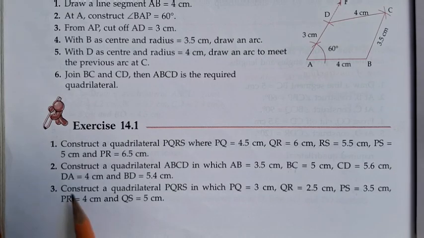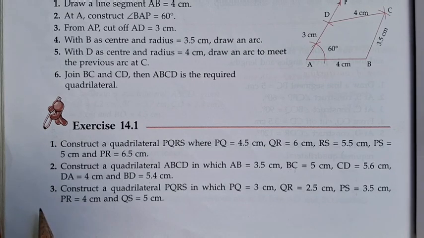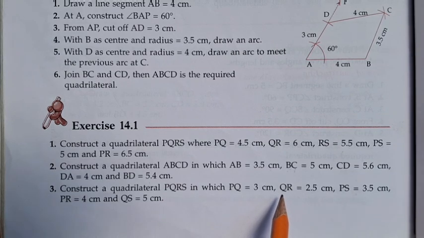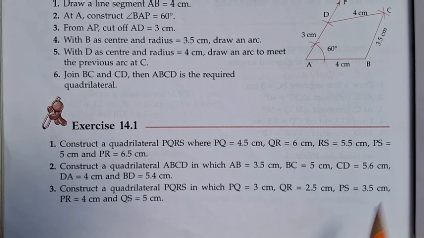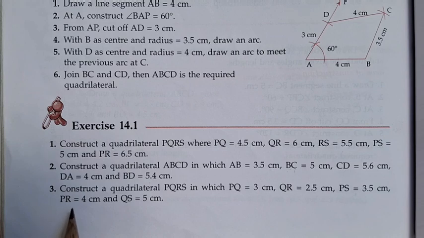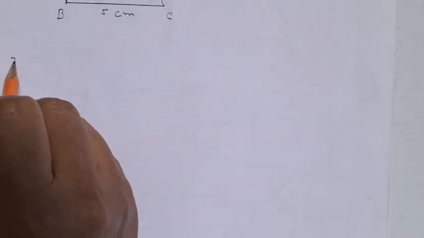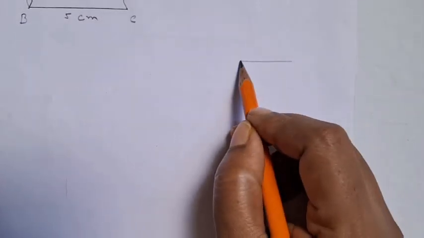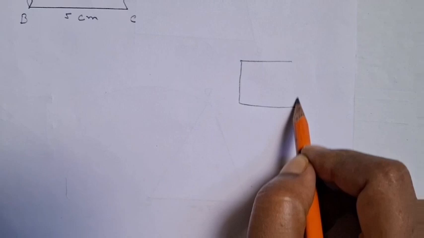And now question number 3. We have to construct a quadrilateral PQRS, in which PQ is 3 cm, QR is 2.5 cm, PS is 3.5 cm, PR is 4 cm and QS is 5 cm. So at first I draw a rough sketch of PQRS.